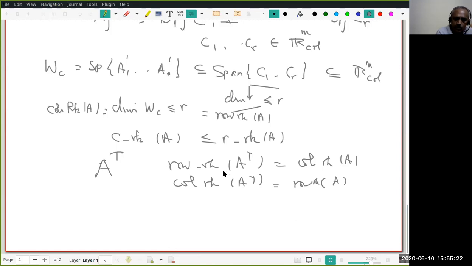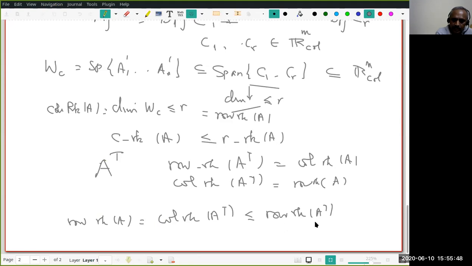Now let's start with the row rank of A. Now the row rank of A, according to this, is the column rank of A transpose. But for any matrix, we have proved column rank is less than or equal to its row rank. Therefore, it's less than or equal to the row rank of A transpose, right?